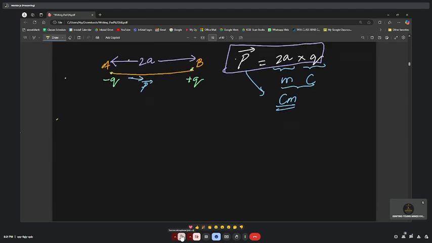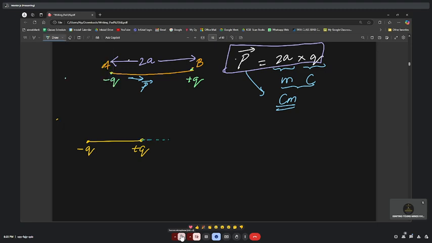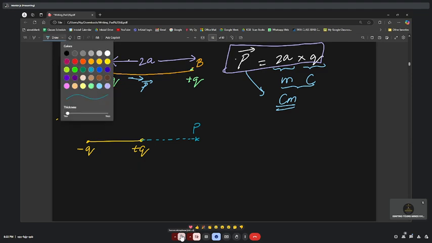Now coming to our actual concept. We try to understand what is the electric field at a point on the axis of the dipole. Imagine that I'm going to locate a point on the axis of the dipole. So we have a dipole, a negative charge and then a positive charge. Say I'm locating a point P on the axis of this dipole, on the line joining the dipole.